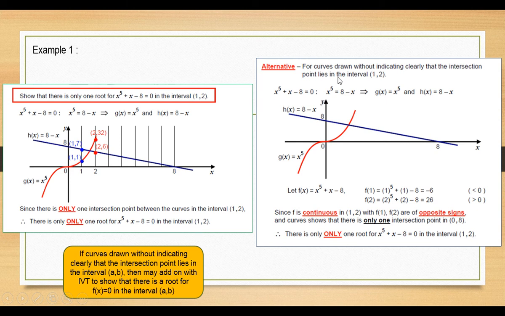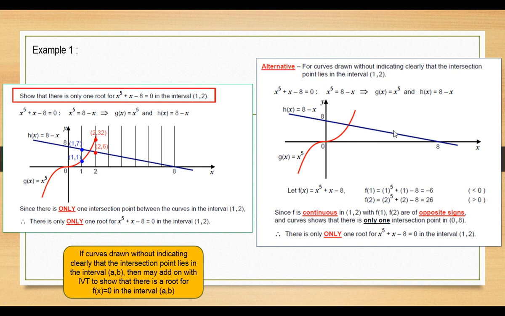Now if your curve is drawn without indicating clearly that the intersection point lies in the interval (1, 2), and you just write 0 until 8, you have to add on the IVT.